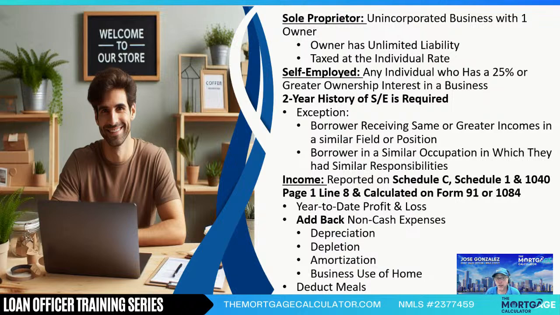The income is reported on the Schedule C, the gross income. Then you're going to have expenses like car expenses, depreciation, meals, insurance, whatever expenses that they have. In some cases, they even have mileage, right? And then those expenses will be itemized on the Schedule C. And then you're going to have a net income on the Schedule C.